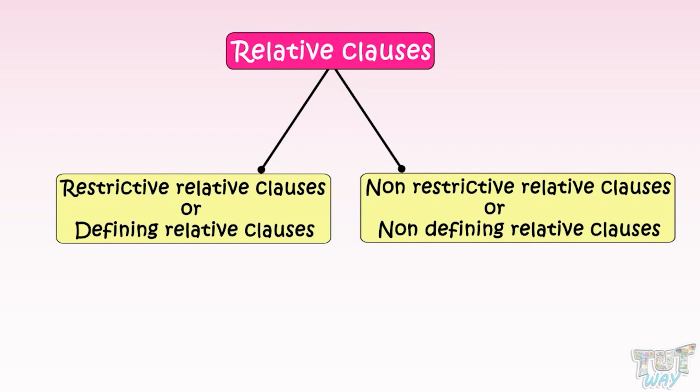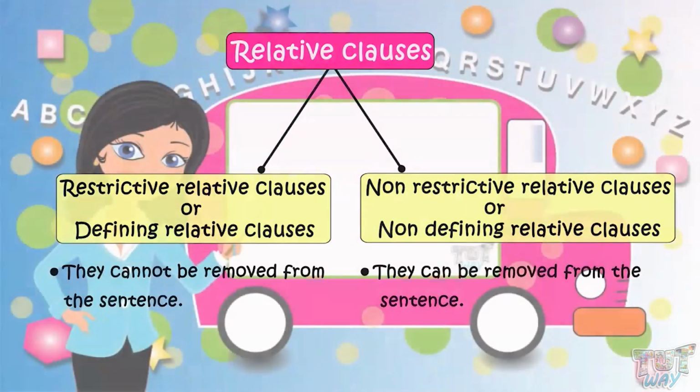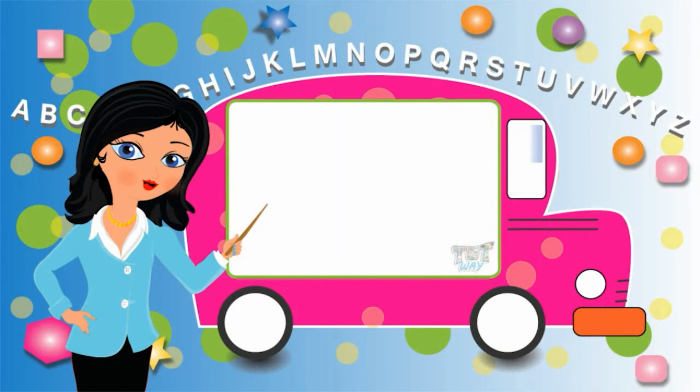Restrictive relative clauses cannot be removed from the sentence, while non-restrictive clauses can be removed from the sentence. Now you may go ahead and take a quiz to learn more.